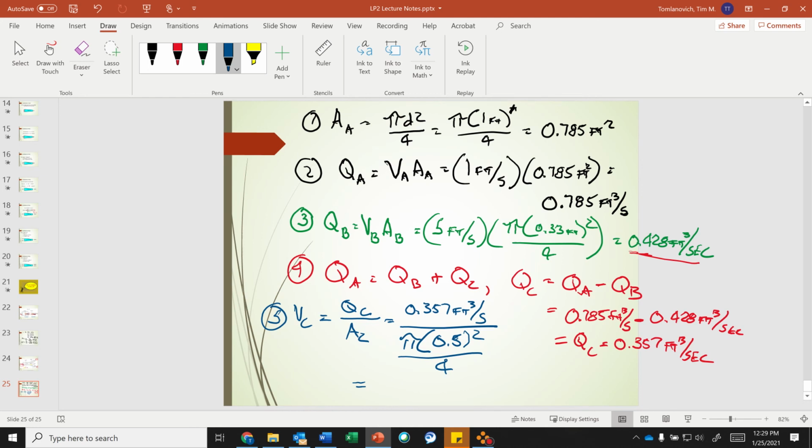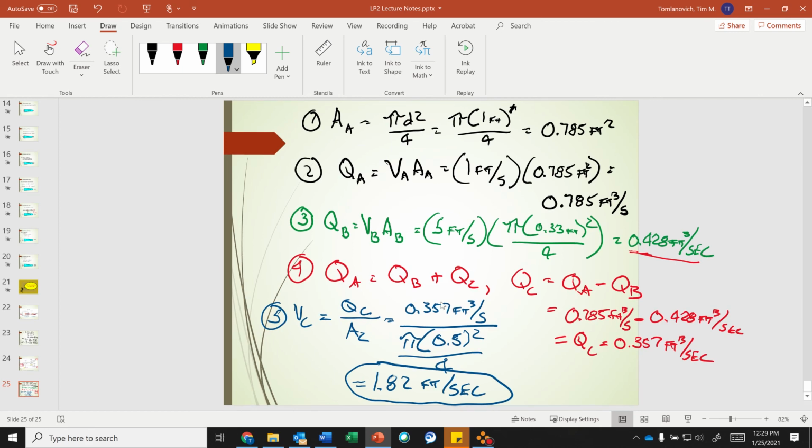I get 1.82 feet per second as the velocity in pipe C. That is the answer they were looking for.